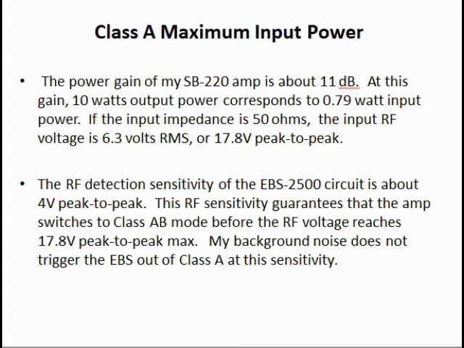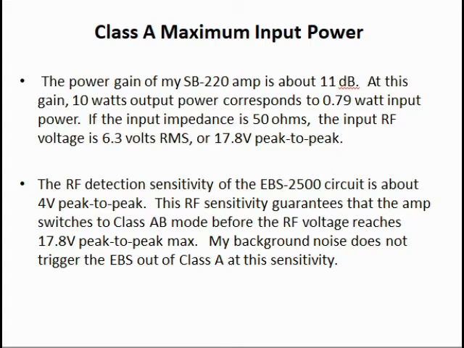It's easy to talk about peak to peak voltage because the input impedance of the electronic bias circuit is quite high, and it does not load or have an effect on the input impedance of the amplifier. The RF detection sensitivity of an EBS 2500 circuit is about 4 volts peak to peak.